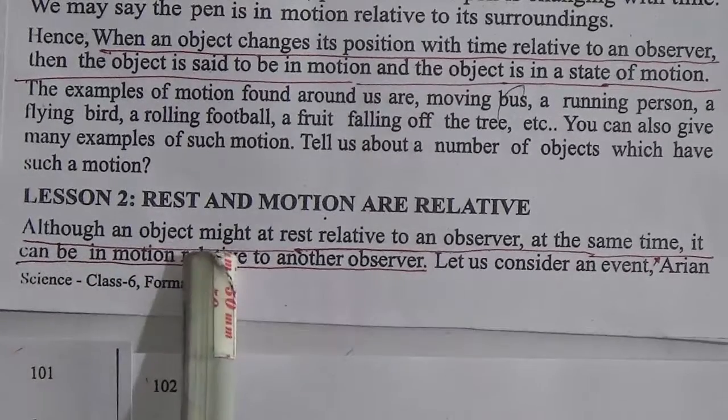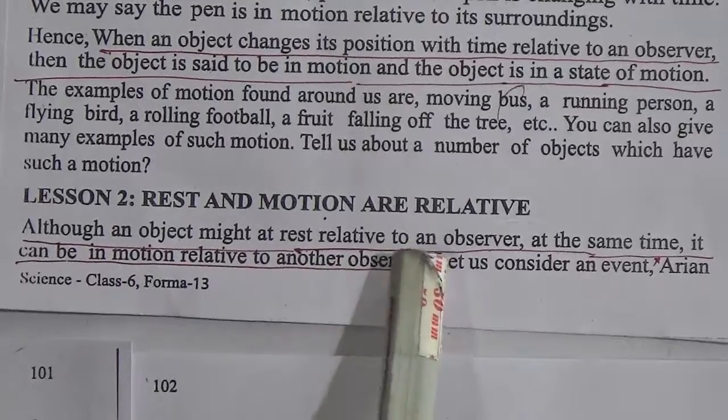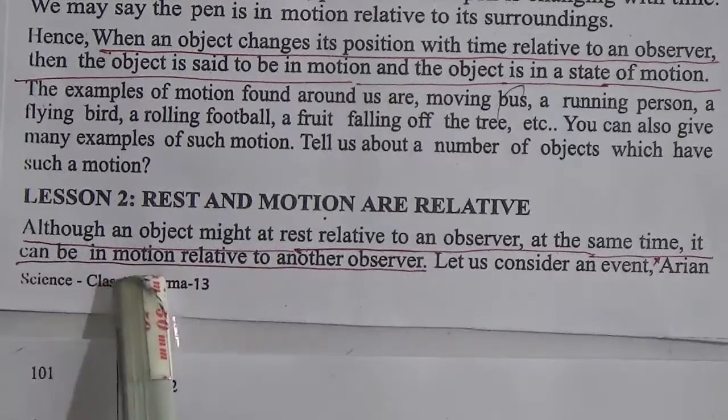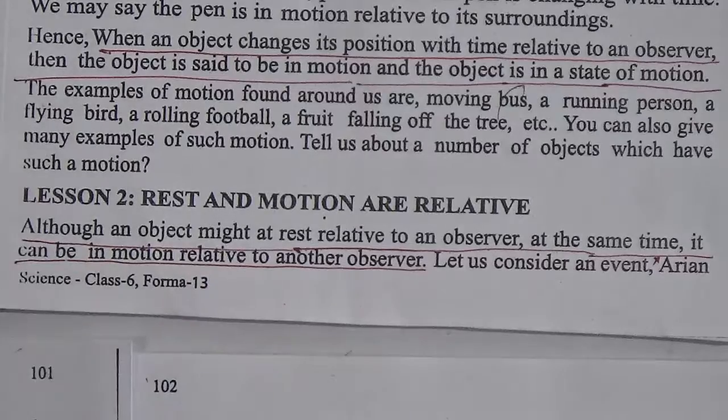Although an object might be at rest relative to an observer, at the same time it can be in motion relative to another observer. Like when I am standing on the platform of a railway station and my friend is sitting inside the train, and beside the platform there are trees, houses and shops.